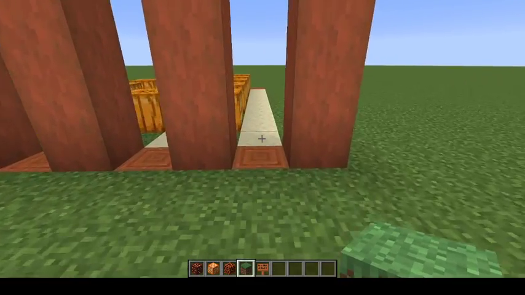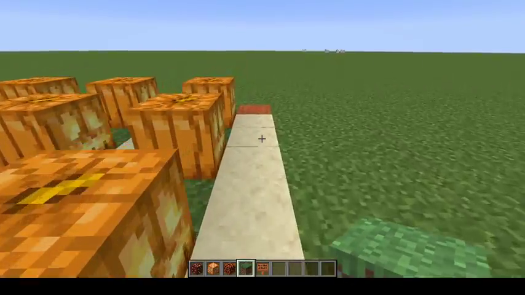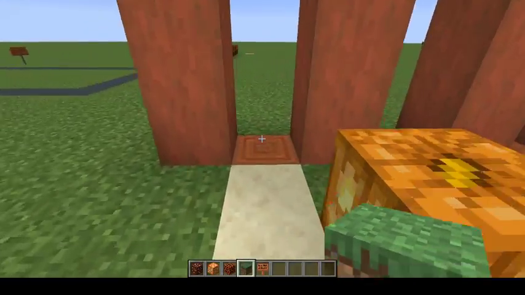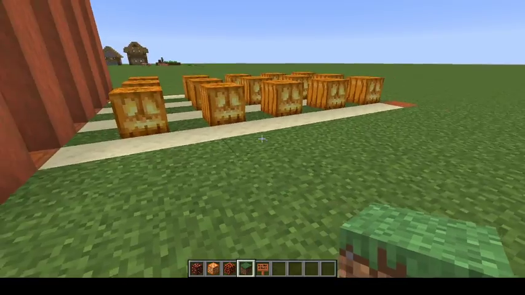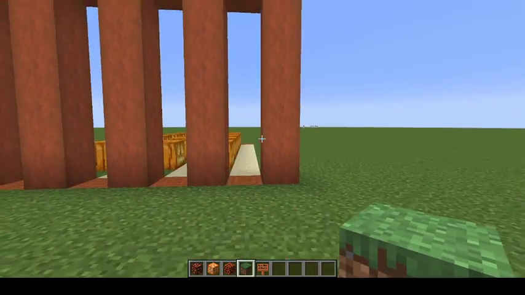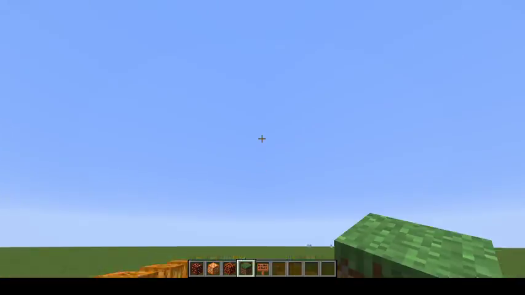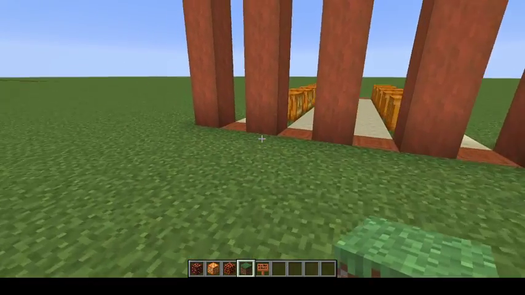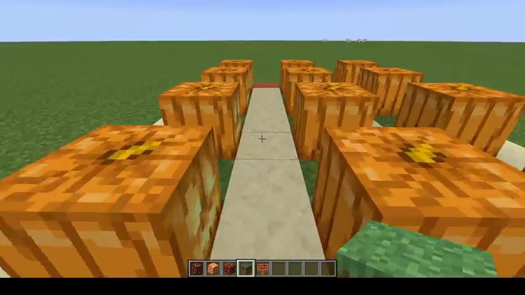So if we walk down this row, we are walking the rows of our pumpkins or our jack-o'-lanterns. And if we look up and down here, we walk through a column. A column is up and down. It's basically what you would have on your porch or things like that.